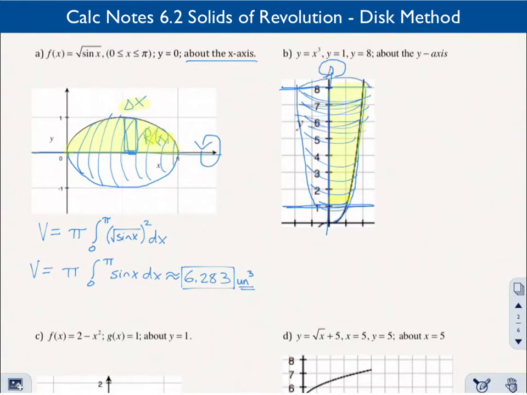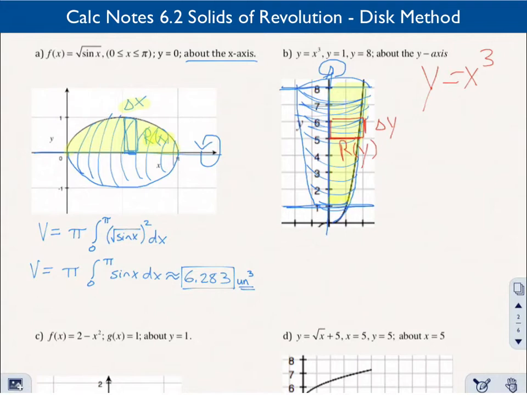Okay, now what we need to do is find our representative rectangle. And now, when we look at this rectangle, the radius is actually r of y. Okay, and then the width of this rectangle is now going to be delta y. So what we need to do is get our function y equals x cubed and rewrite it in terms of y.